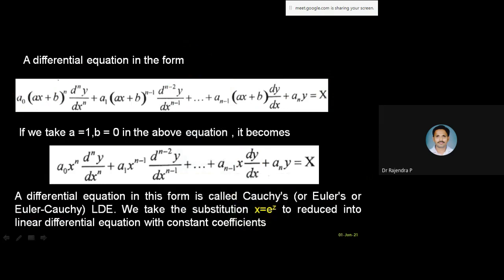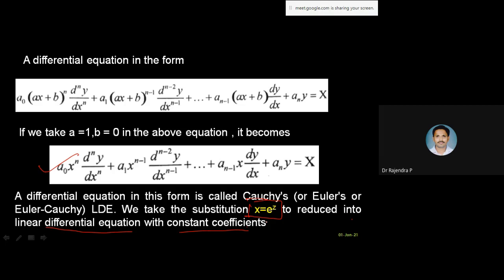If I have an nth order linear differential equation which is of Cauchy's form, then what is our approach? We have to substitute x is equal to e power z to reduce that into an LDE with constant coefficients. Understood? This is the shortcut. This is the suitable substitution here to reduce them to an LDE with constant coefficients.